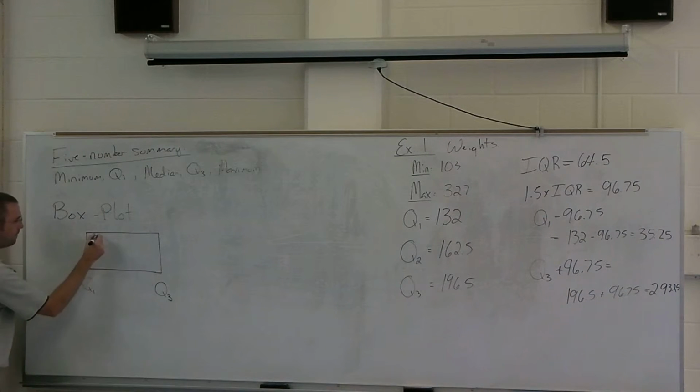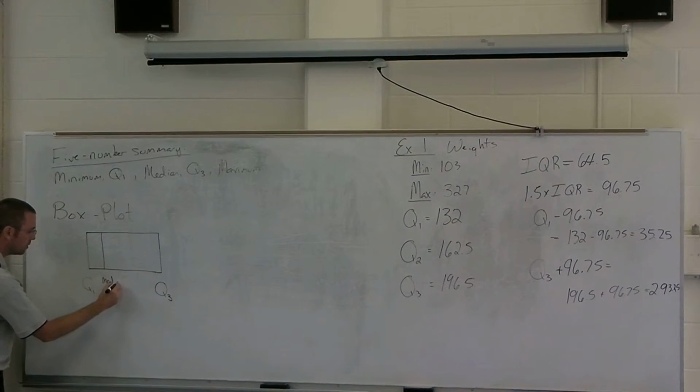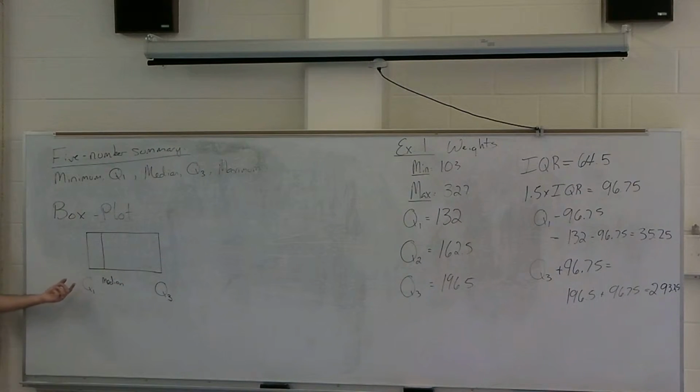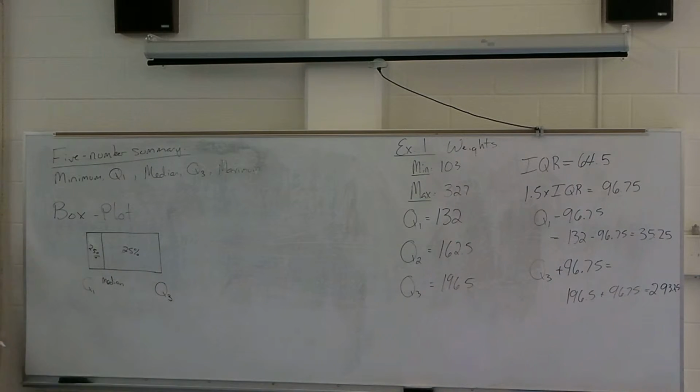Right? So if I put my median over here, then what I'm saying is that my median value is much closer to Q1 than it is to Q3. In terms of my picture, 25% of my data is here, 25% here, and 25% is there.